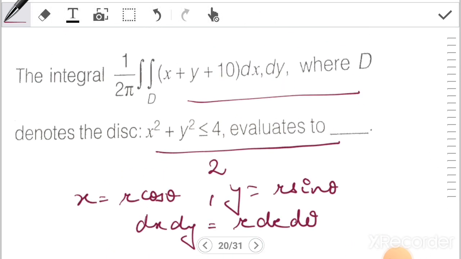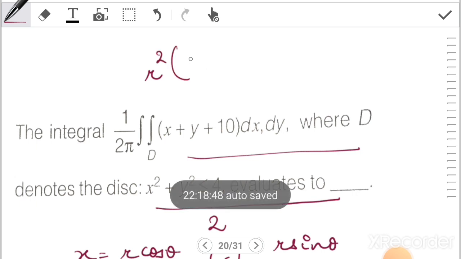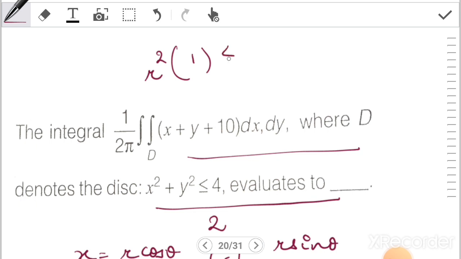So here, let us put x and y as r. So r squared cos squared theta plus sin squared theta, which is 1, is less than or equal to 4. So r is less than or equal to plus or minus 2.